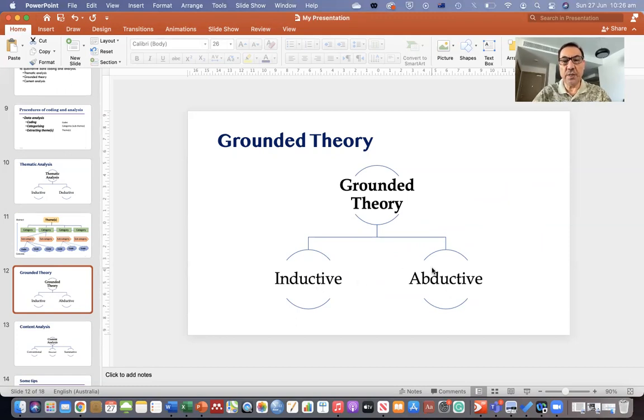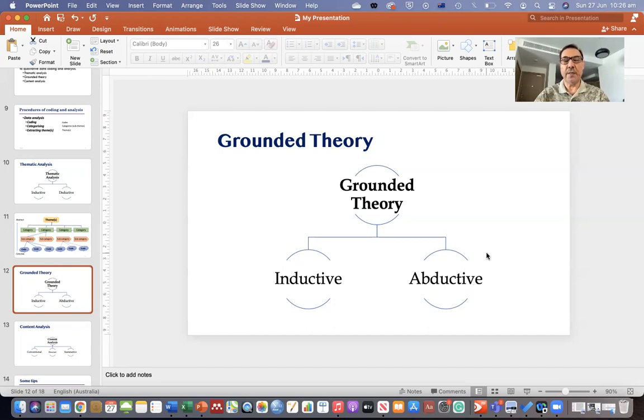But Strauss and Corbin believed that no researcher is able to be atheoretical. Any one of us has some theoretical background in our minds from the very beginning, and therefore we should not deprive ourselves of those theories. From the very beginning we can think about how the data and the theory might interact with each other, and therefore they suggest that there should be a back and forth movement between data and theory, theory and data, and these two should interact with each other all through the process.